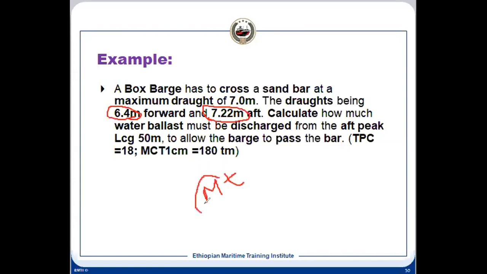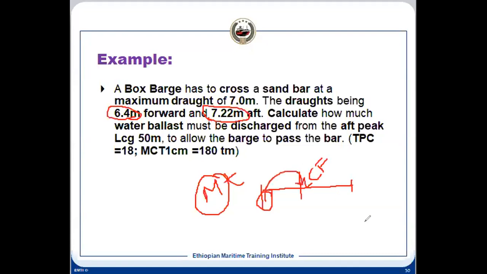So m tons we are removing. What we'll do is first put it into the LCF. So we have this is the forward, this is aft, and we have LCF here. We'll put this mass from the aft peak tank into the LCF.